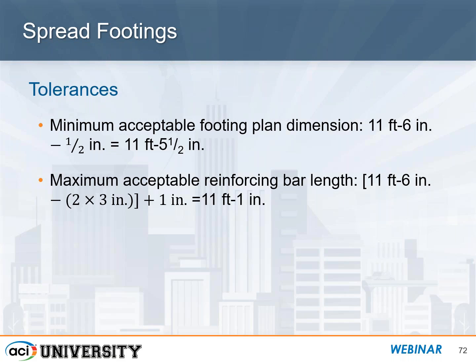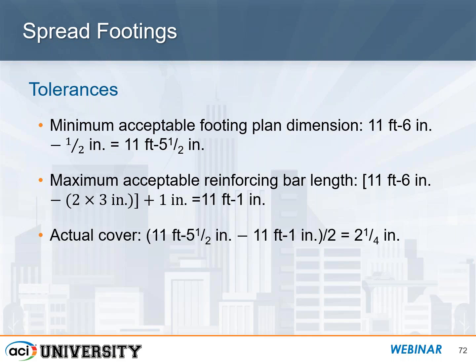So we can have a maximum acceptable, according to ACI 117, of 11 feet 1 inch. Our actual cover, if we take off that half inch, which is permitted, is 11 foot 5½ minus the 11 foot 1, divided by 2.